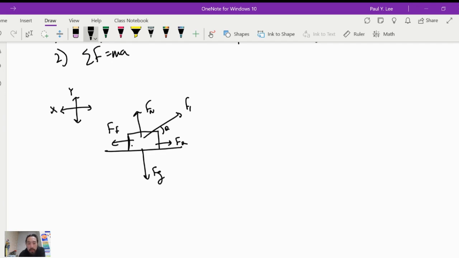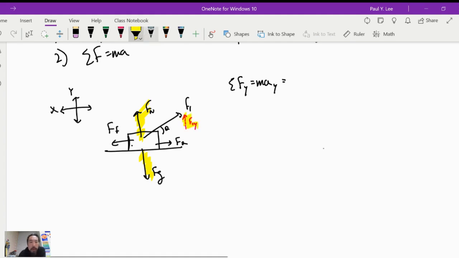This is my y axis, and this is my x axis. The reason we want to do that is because if we were to create an F of y formula, you only want to include the y forces. In this case, we take a look at all the vertical forces, which I'll highlight, that one, this one, and of course we have this F1y component right there.